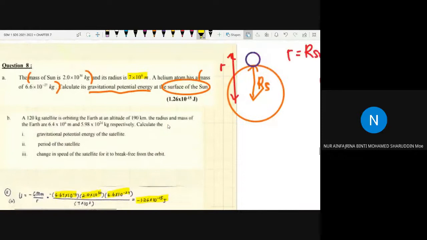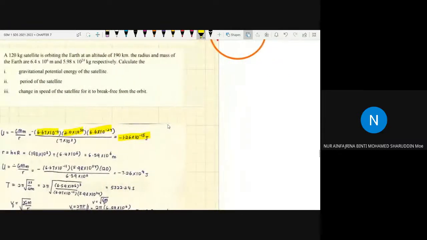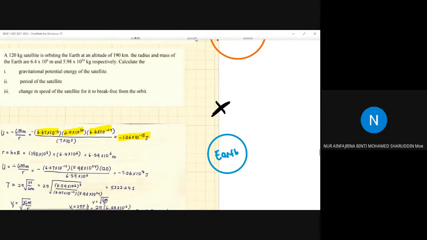Alright, next question. Next question is B. It says, a 120 kg satellite is orbiting the Earth. Okay, draw your Earth as usual. So this is your Earth and this is your satellite, orbiting the Earth at an altitude. Okay, what does altitude mean? What do you understand by the word altitude? Height.